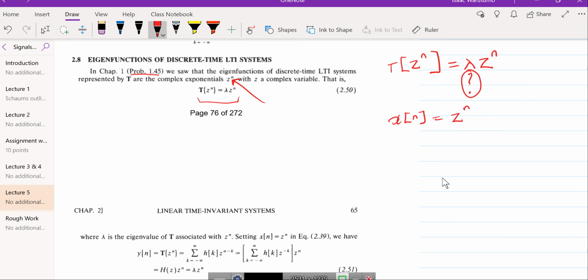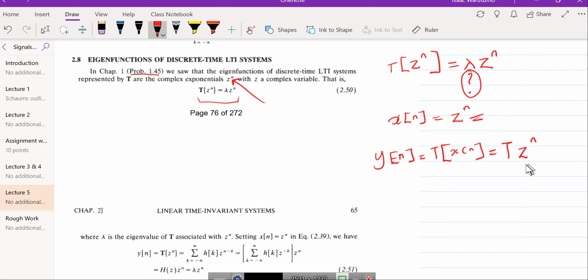And when we do that, we end up with y of n acting on T, which is x of n, but we have defined x of n to be equal to z^n. Therefore, I'm writing it as T of z^n as such.